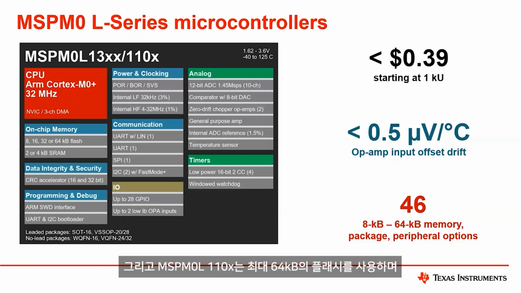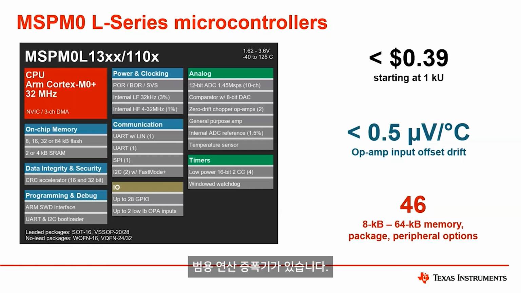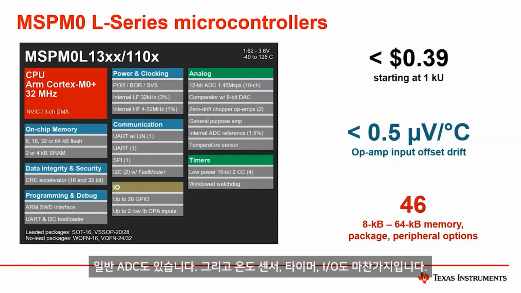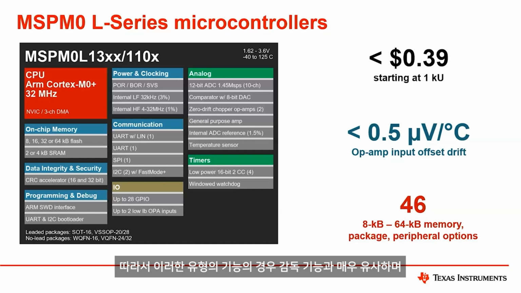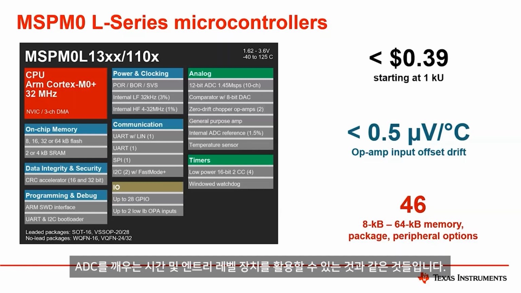And MSPM0L110X, going up to 64 kilobytes of flash, has a general purpose op-amp, the general ADC as well, a temperature sensor, timers, and your IOs. You can utilize these entry-level devices for functions like supervisory functions, ADC to wake up time, and things like that.